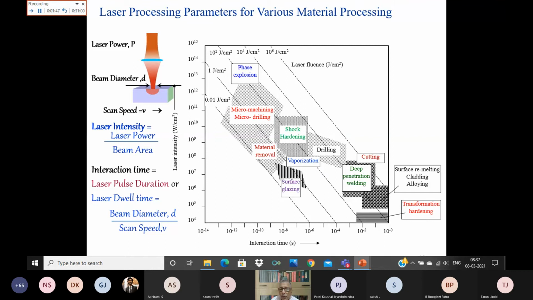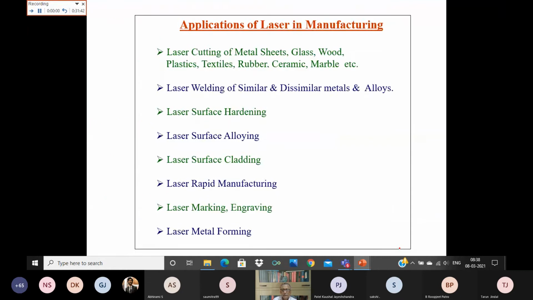And when you talk about micro machining and micro drilling, you can use shorter duration pulses, and you can get very good quality micro machining done at high laser intensities, of the order of 10 to the power 11 watt per centimeter square. So you can see that by controlling the laser intensity and the interaction time, you can realize all different types of material processing modalities.